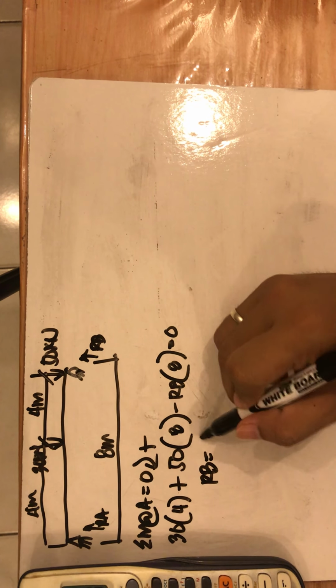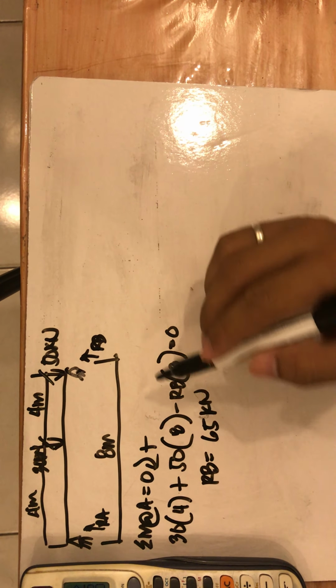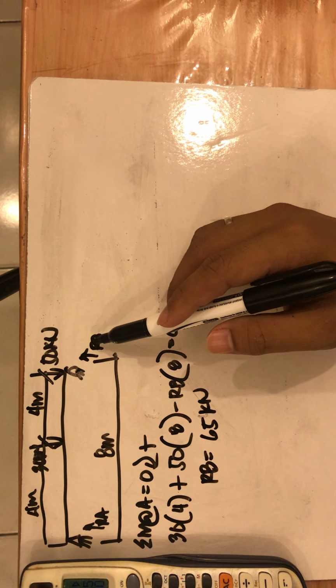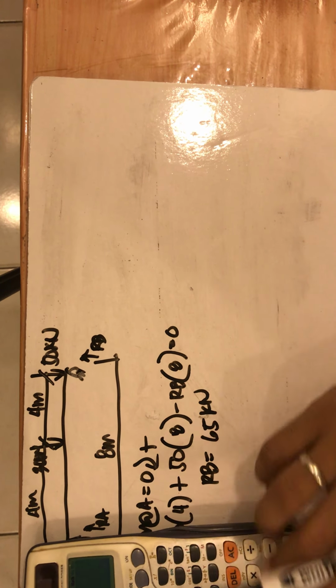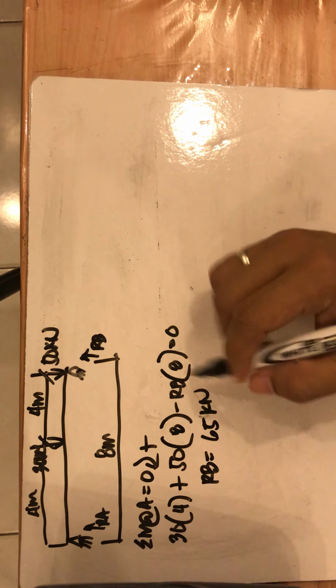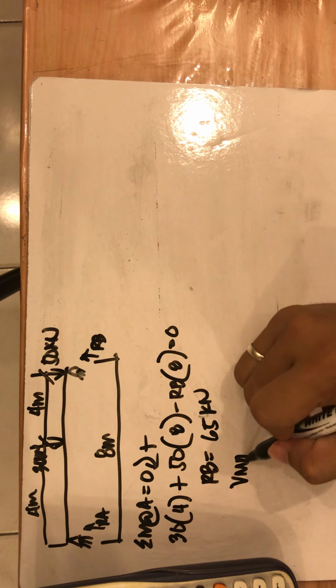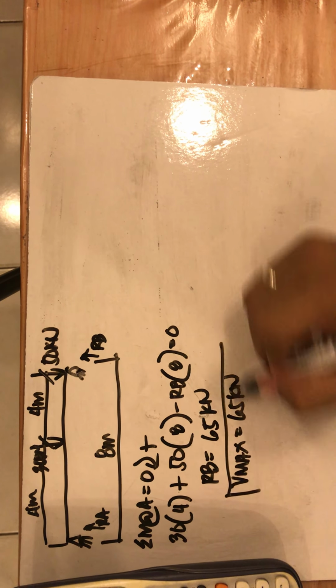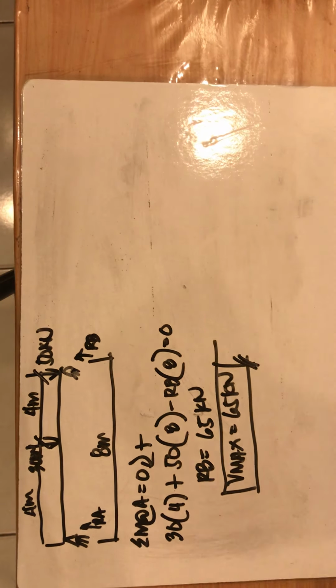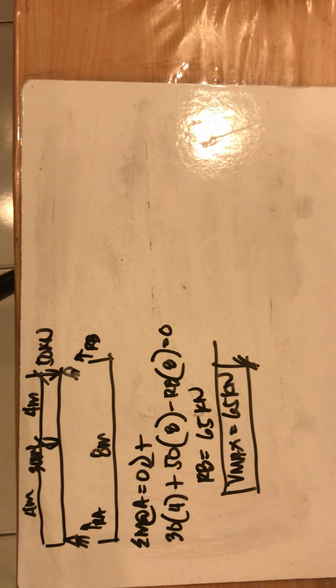So, RB is equivalent to 65 kilonewtons. Which means, 80 minus 65, our RA is 15. So this is our maximum shear, 65 kilonewtons. So, that's all for problem number 2.